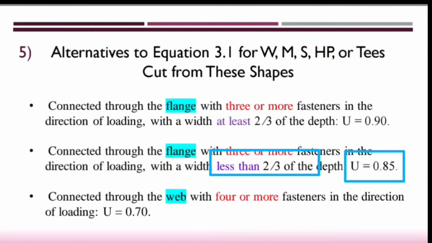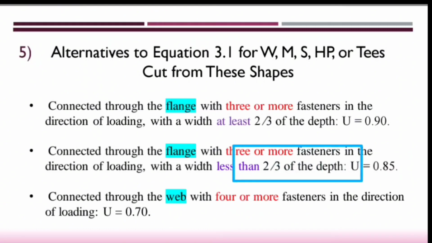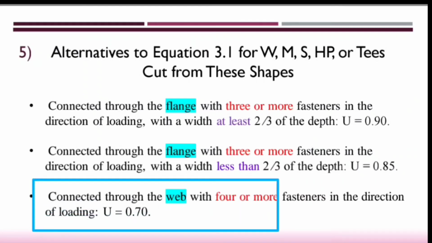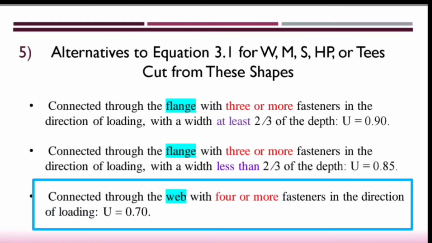Remember this. These will be the two conditions for flanges when 3 or more fasteners are connected. If the width is at least 2/3 of the depth, then we will be using this value. If the width is less than 2/3 of the depth, then we will be using the 0.85 reduction factor. And the last is connected through the web with 4 or more fasteners in the direction of loading, then we will be using U directly 0.70 without any calculation.